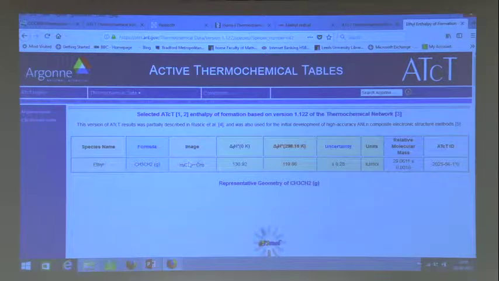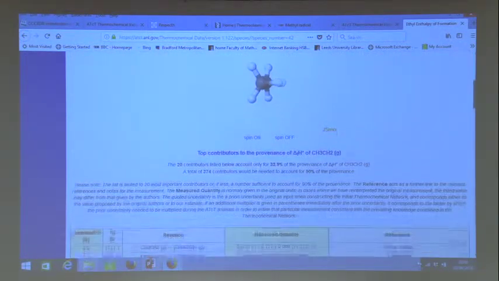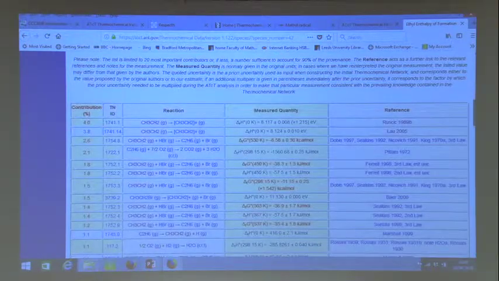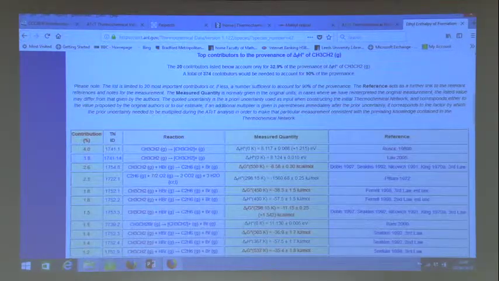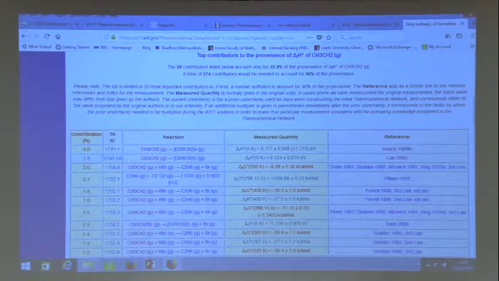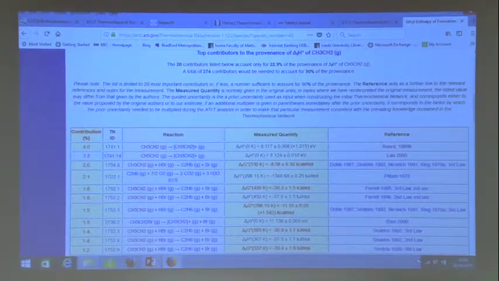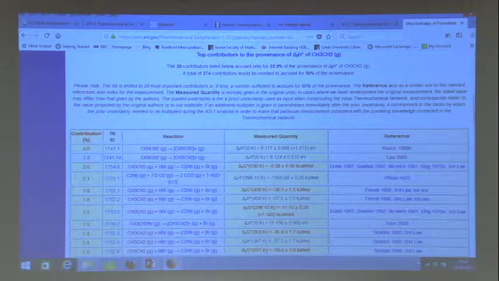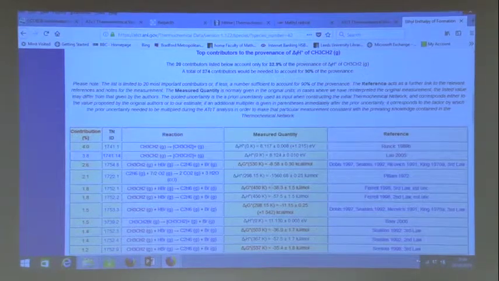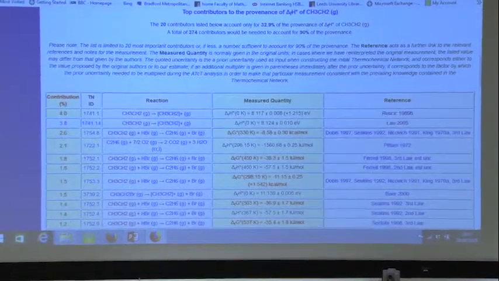Okay, so here's ethyl, and here are the top contributors to the enthalpy of formation. And you can see that the top one is contributing only 4%, and that's a measurement by Rusic using this photoionization methodology.